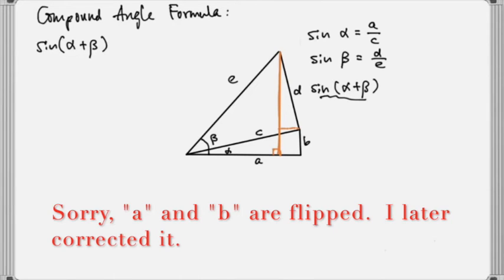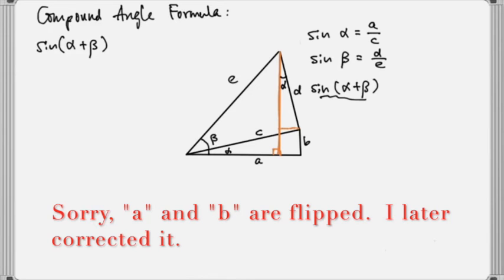There's one more piece of information we need before we proceed, and that is, I'm going to tell you, and you can prove it to yourself, that this angle here is also alpha. You can prove it using similar triangles or complementary angles.